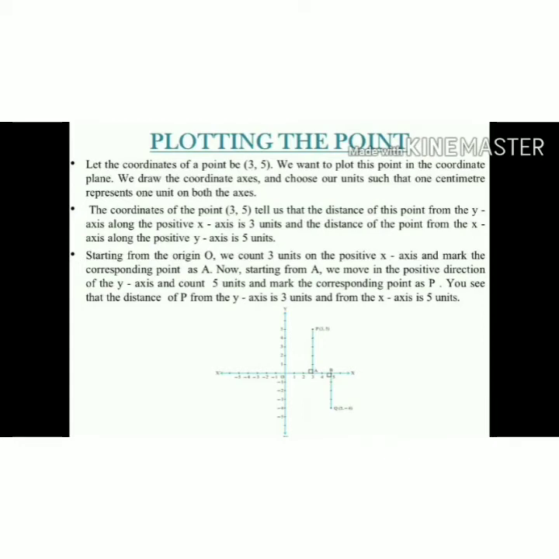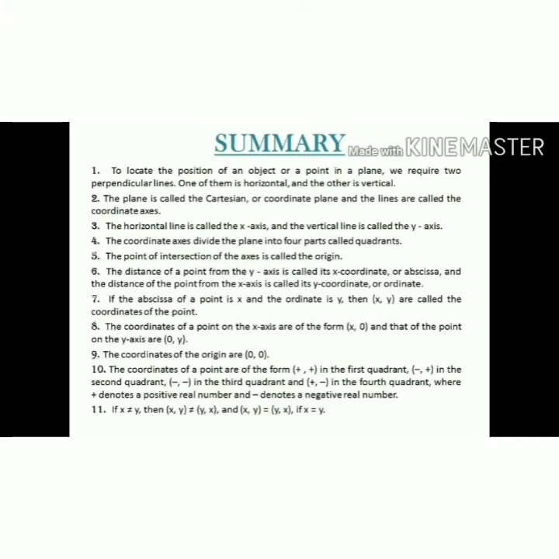Starting from the origin O, we count 3 units on the positive x-axis and mark the corresponding point as A. Now starting from A, we move in the positive direction of the y-axis and count 5 units and mark the corresponding point as P. You see that the distance of P from the y-axis is 3 units and from the x-axis is 5 units.